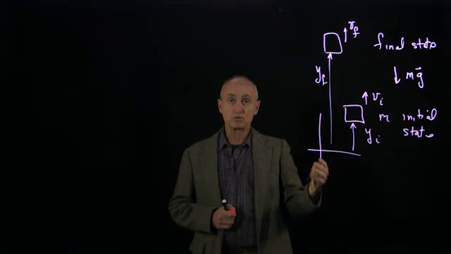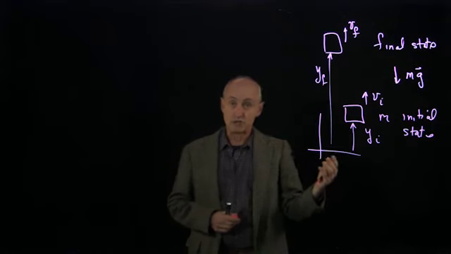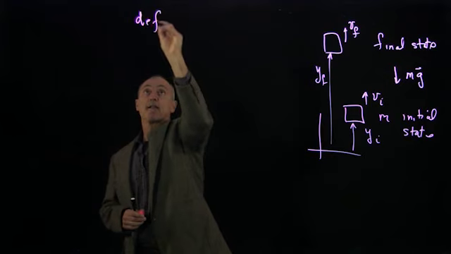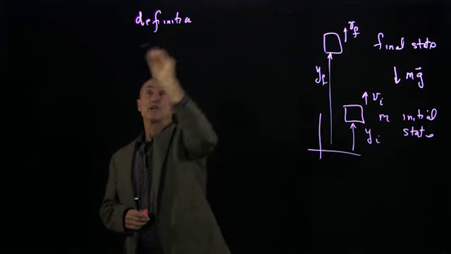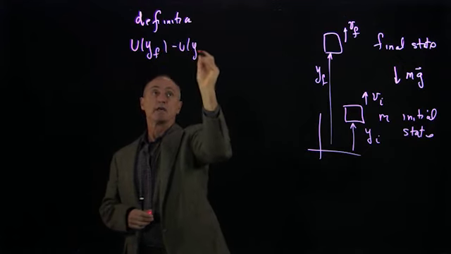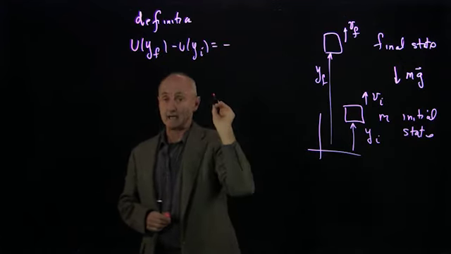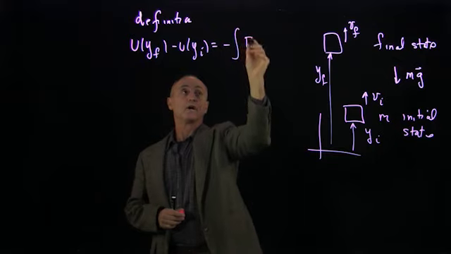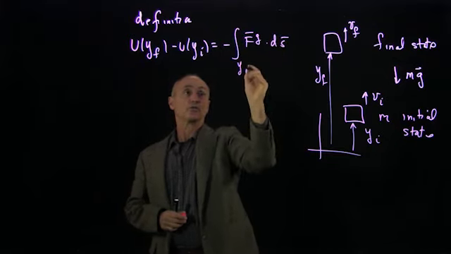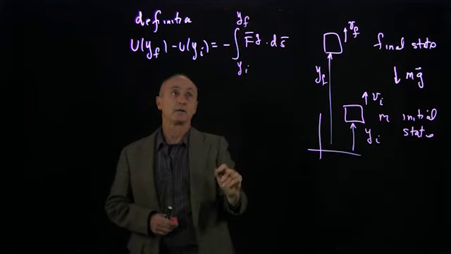So what I'd like to do is define a potential energy difference in the following way. As a definition, the potential energy difference between these 2 points is given by the negative of the work done by the gravitational force in going from the initial state to the final state.